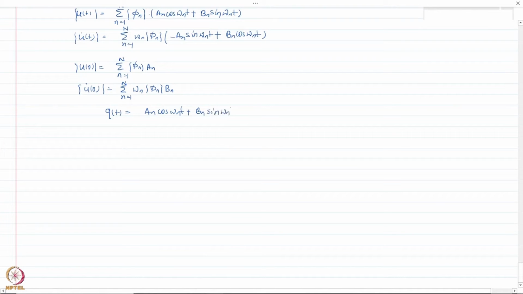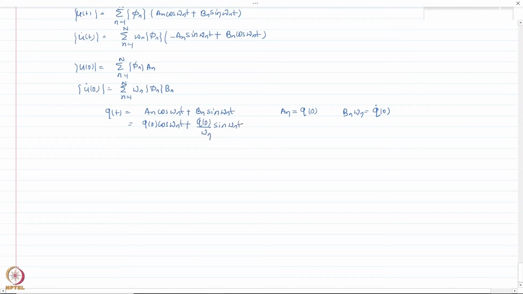Let us assume an equal to q0, and bn omega n equal to q dot 0. Then I can write this expression as q0 cos omega nt plus q dot 0 divided by omega n sin omega nt.